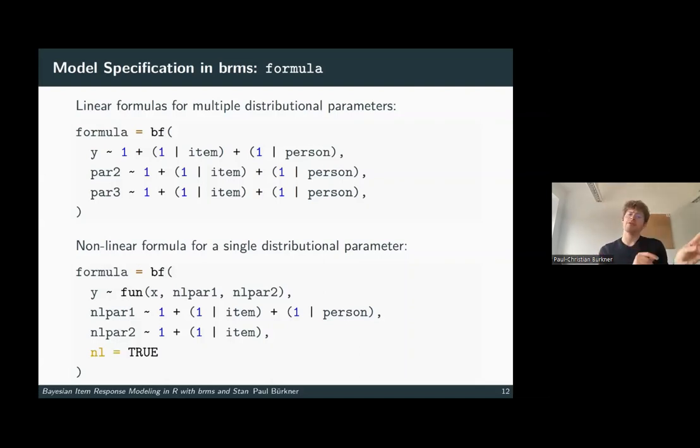And then we would specify linear formulas for the 2 nonlinear parameters. And to make sure brms knows that this first formula with y tilde fun is not parsed as usual as a linear formula, but treated literally as a nonlinear function, we set nl equal to TRUE, such that brms knows this is going to happen.